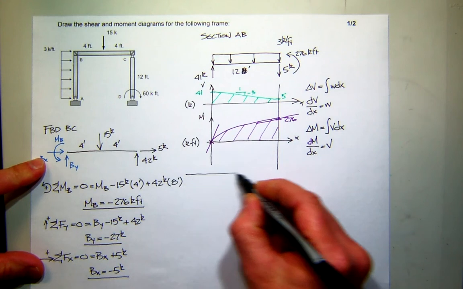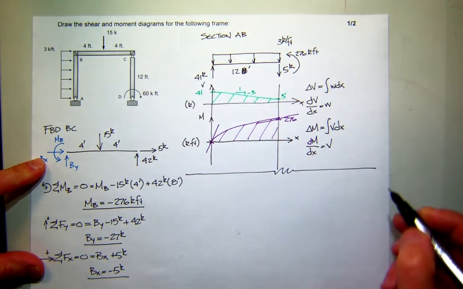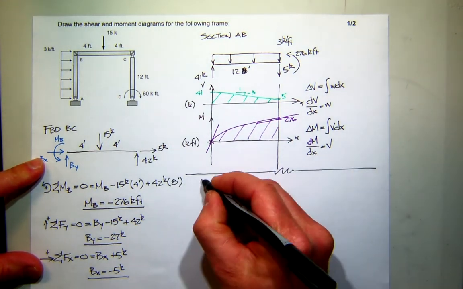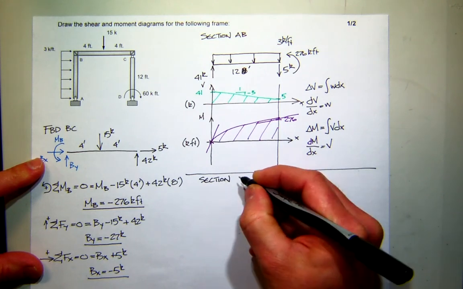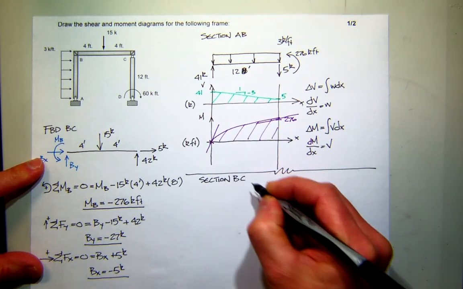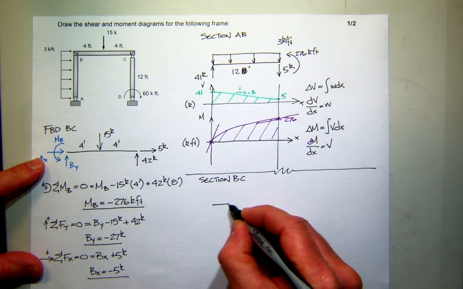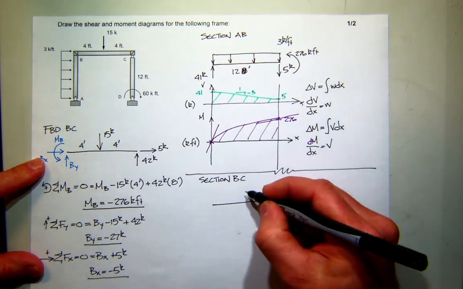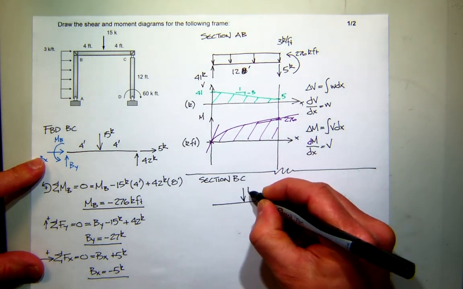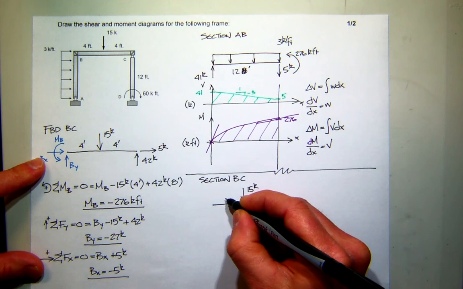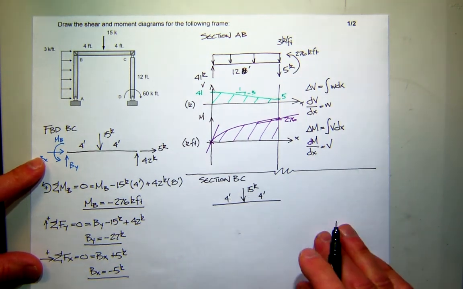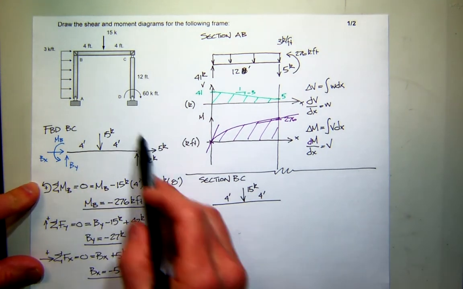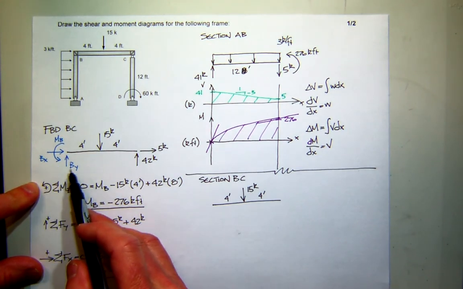So let me see if I can squeeze in section BC. I think of all the ones we're going to draw, this one might be the easiest. So we have an applied force of 15 kips. The distance is 4. Now we already solved that diagram here, so we can just put these values on it. So what is BY?